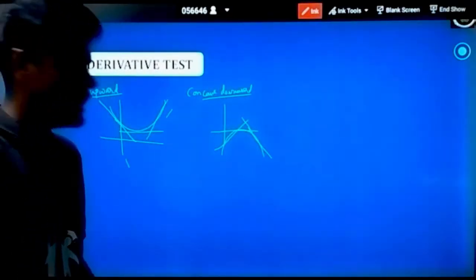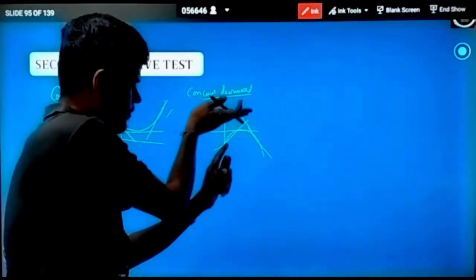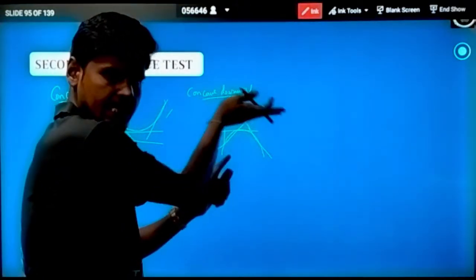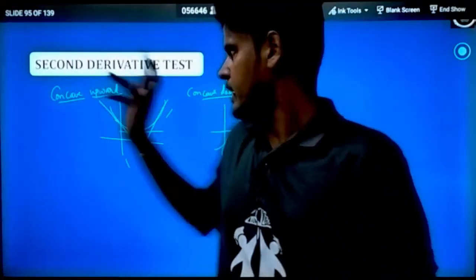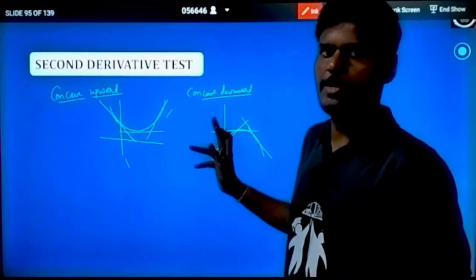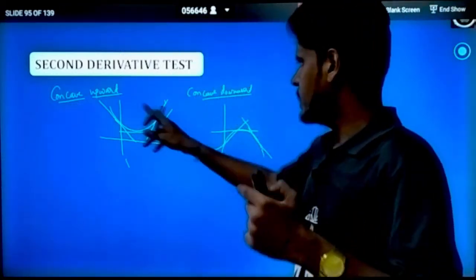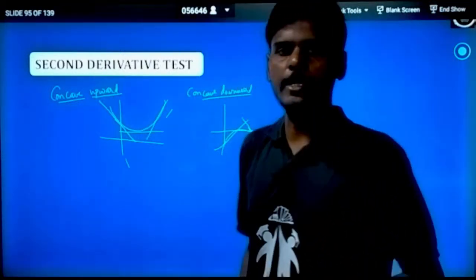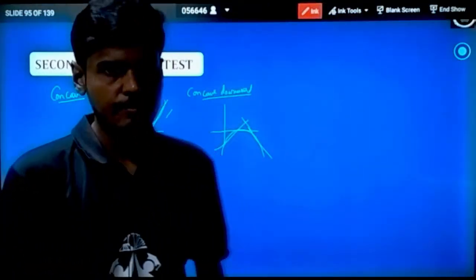What about this case? Again, the rate of change of slope. The slope of the tangent keeps on decreasing for this case. So what do we observe from this? The slope decreases, that means f double dash will be less than 0 for a concave downward curve. And what about concave upward? Concave upward corresponds to a point of minimum, and a concave downward curve corresponds to a point of maximum.